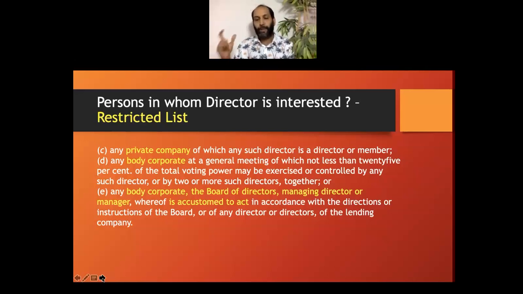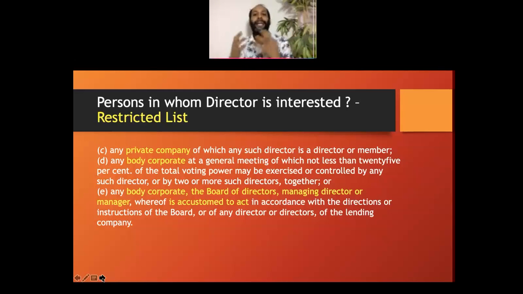The first one is a private company. It has been attracted because our company's director is a director or member in that private company. Second category is body corporate. Why is it restricted? Because 25% of the voting power of that body corporate is controlled by us. And third one is maybe a body corporate or a board or MD, whoever it may be, accustomed to act as per my direction.